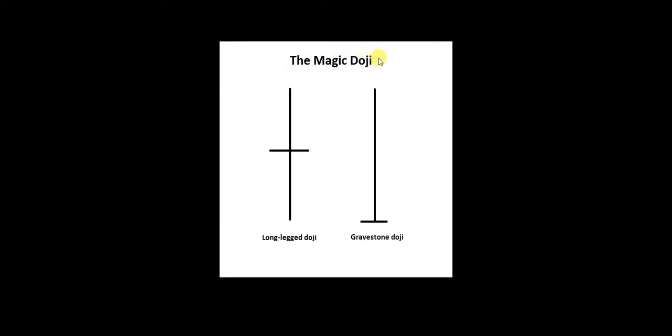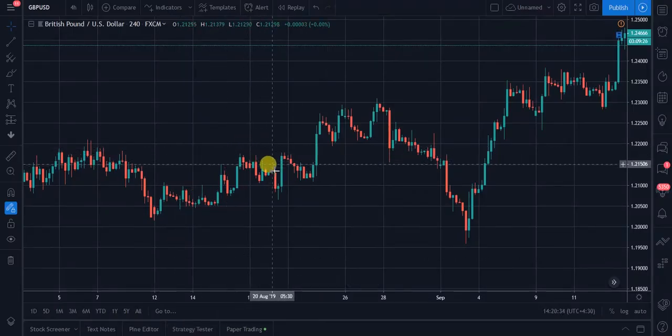So the next thing: as I said, in this video I will teach you about reversal candlesticks that identify some price reactions. In your chart you can see some candlesticks that form reversal patterns.